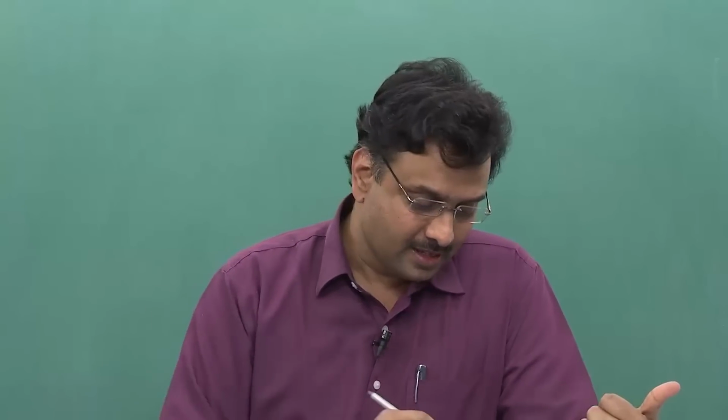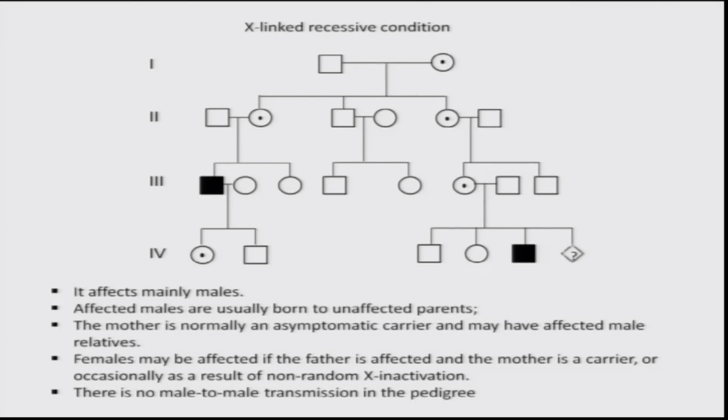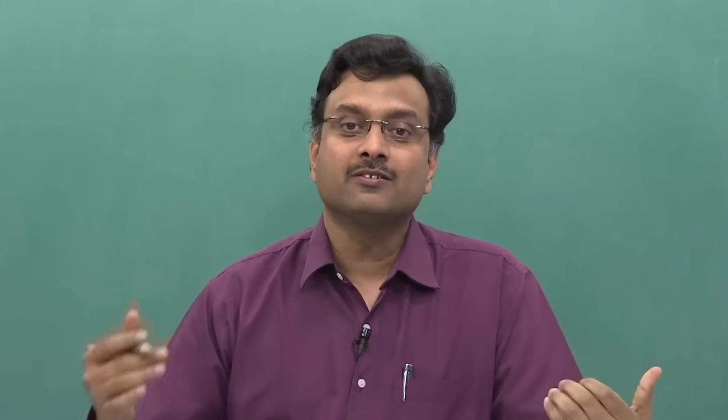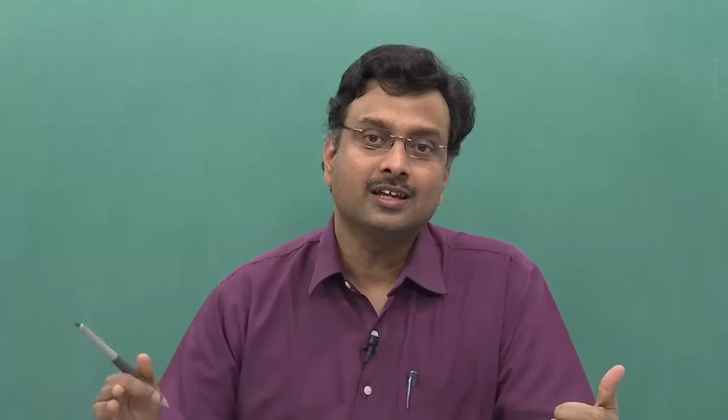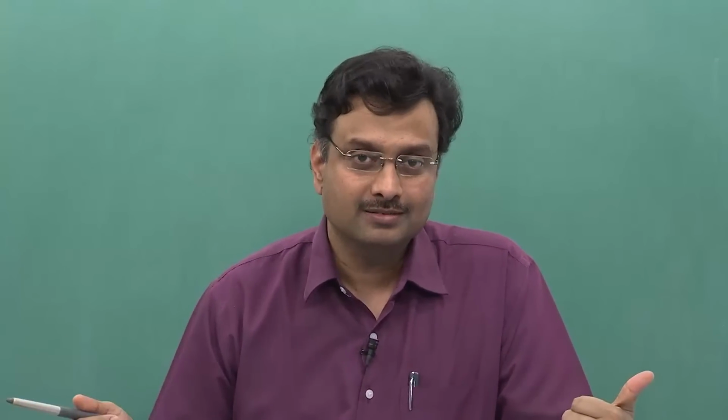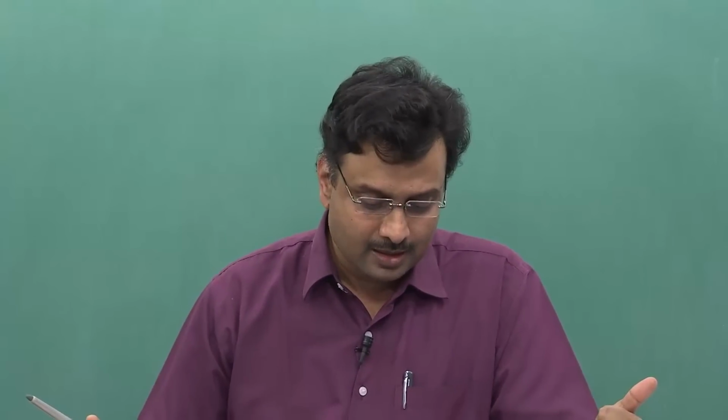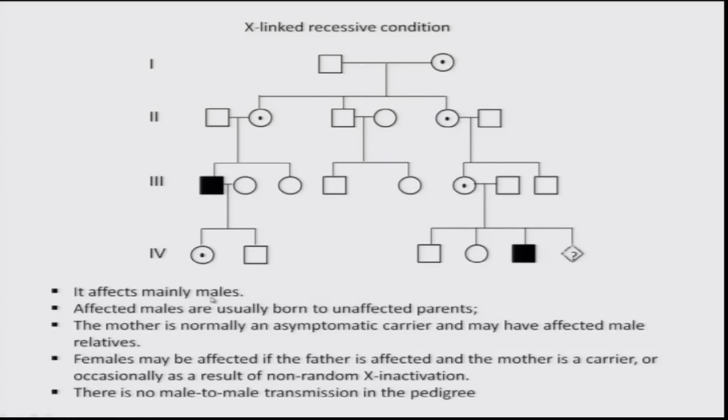Let us see, right. If you have a recessive condition for an X-linked disease, more often it would affect the male, because in female the other X would have a normal copy of the gene, therefore, she may not express it. But invariably in case of male, if that individual somehow received the X chromosome which has the defective allele, he would end up showing the phenotype, because there is only a Y chromosome that does not really complement the X. Therefore, in the majority of such families it is the male who is affected.